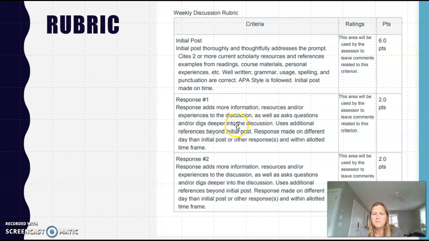And then response number 1, you add some more information, resources, and or experiences to the discussion, as well as ask questions, digs deeper into the discussion. You use an additional reference beyond the initial post, and you should make your response postings on different days. So there are 6 points for the initial, 2 for a response, and 2 for another response.